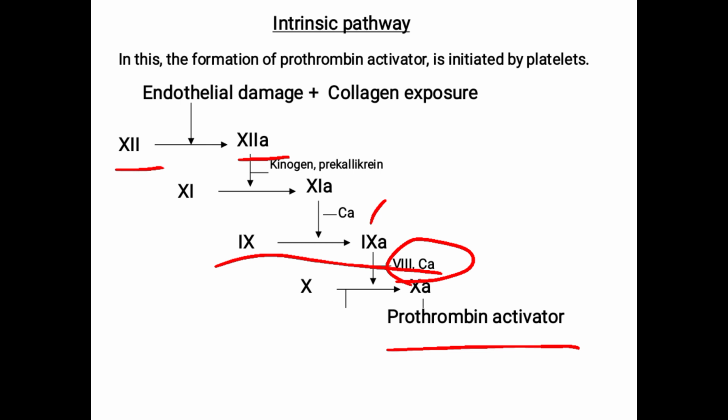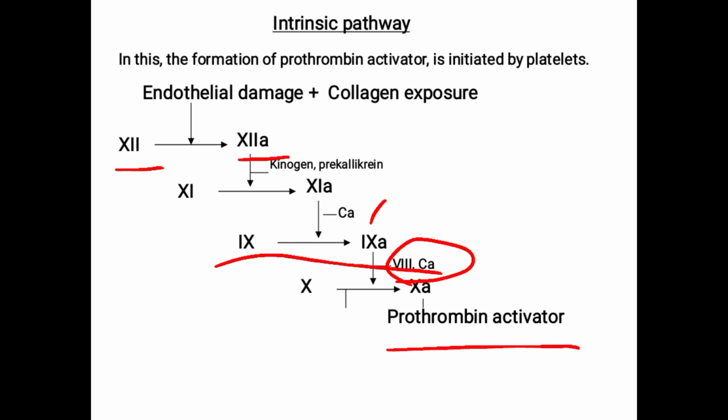So simple, just remember. They will give the question: write the intrinsic pathway of blood coagulation, okay. In the intrinsic pathway, it is mainly by collagen and initiated by platelets. Whenever there is endothelial damage and collagen is exposed, factor 12 gets activated to 12a, that activates factor 11 in presence of kininogen and prekallikrein.